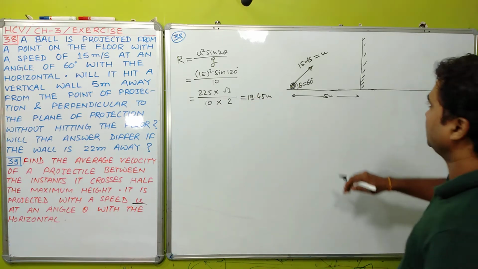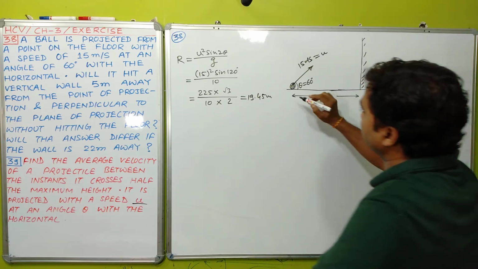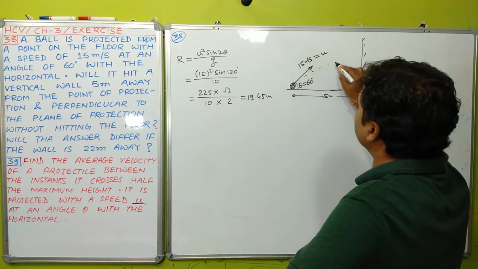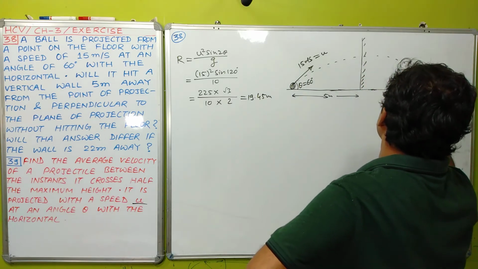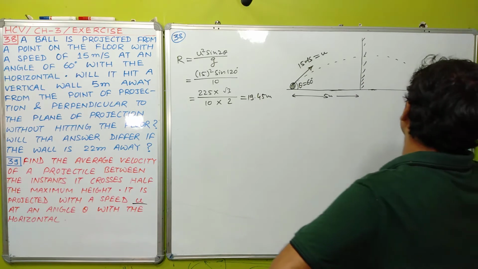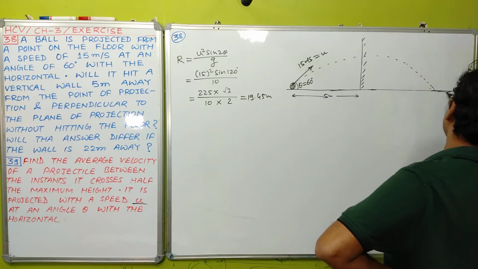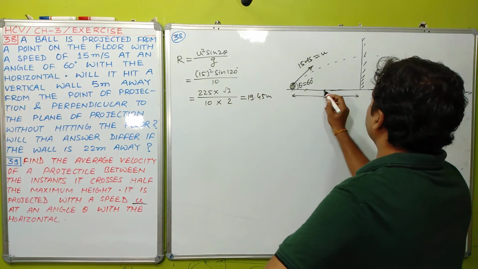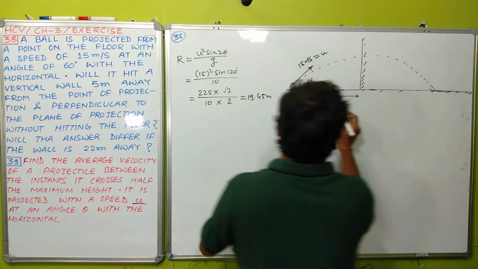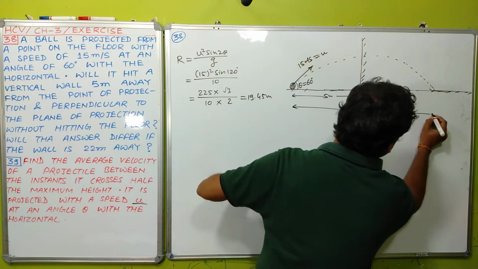It means, suppose there would be no vertical wall, then this ball covers the projectile path like this, and this length is its range.